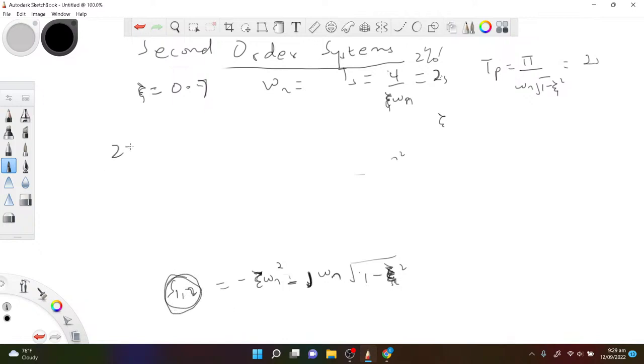You know that z is equal to e to the power sT. So you are transforming it to z.